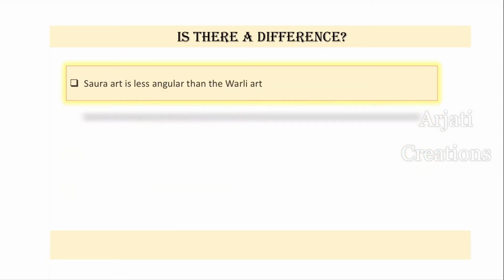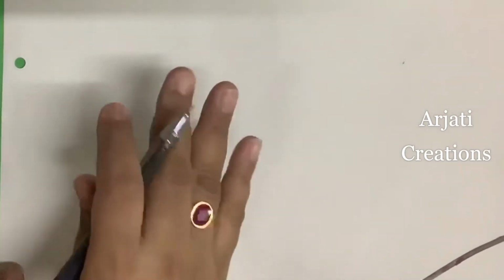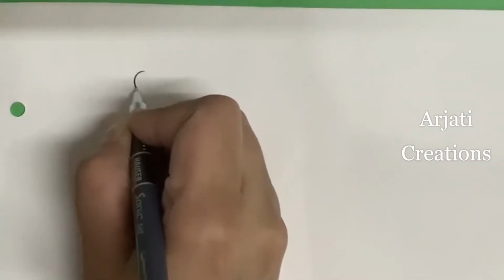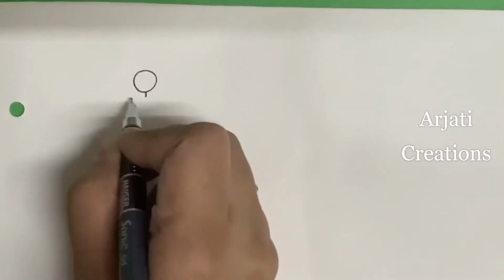First, Sora art is less angular than Warli art. So let me just draw both and show you. Now let us understand how Sora art is less angular than Warli art. First let me make a small illustration of Warli art. So in Warli art, this is the head.